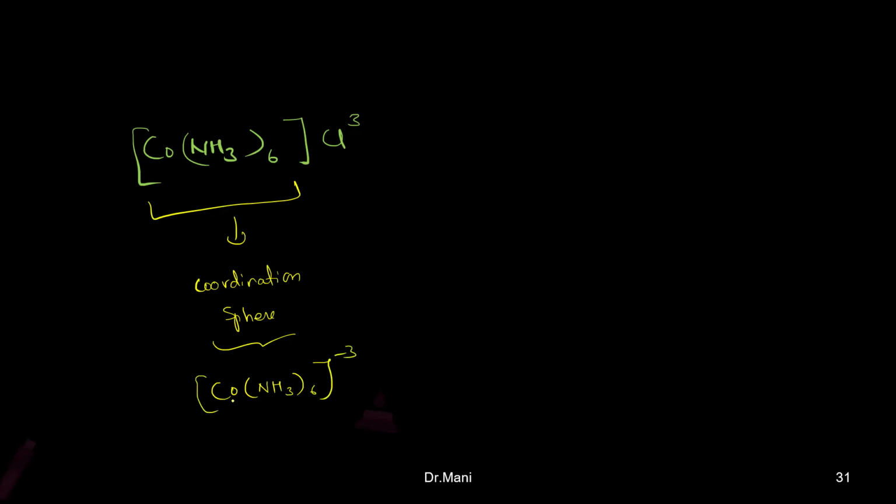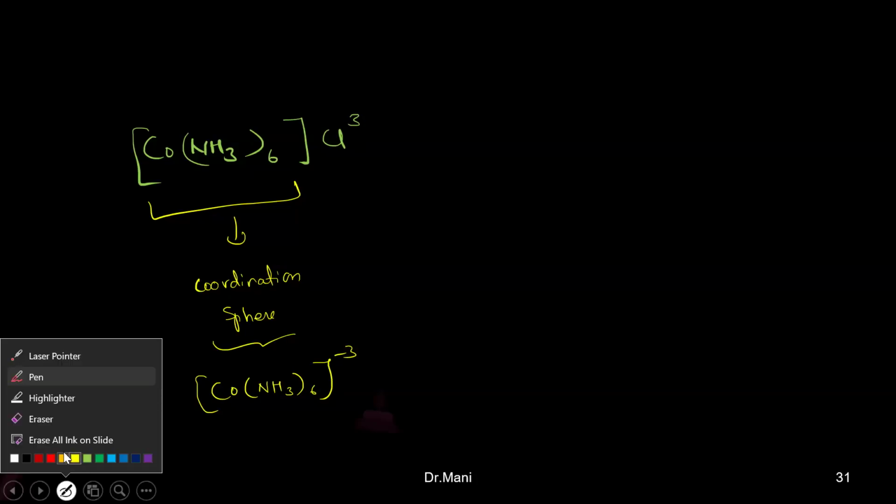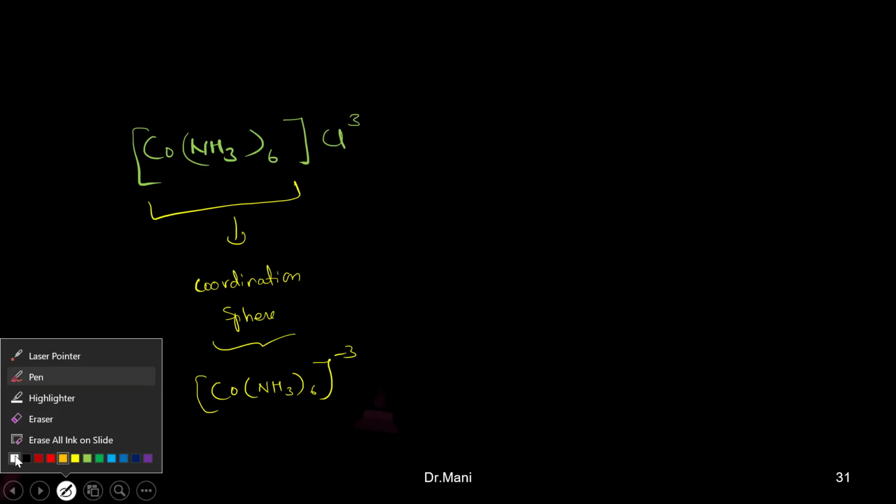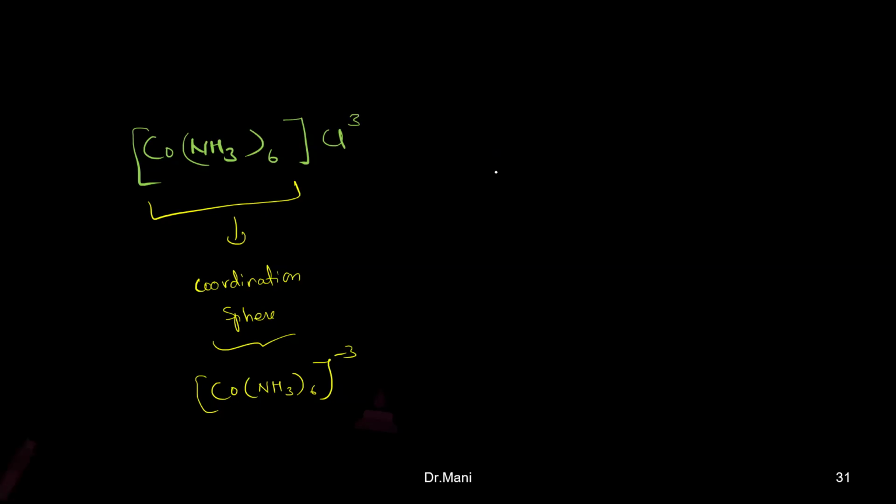Okay. So these coordination spheres, or you can say the complex spheres, they are of three types. Just know it, you don't need to remember, but just know it, like kind of extra information. So remember, what is coordination sphere? It represents the central metal atom or ion that is directly attached to the ligand, and it is enclosed in the square brackets. Okay, that we call it as coordination sphere.